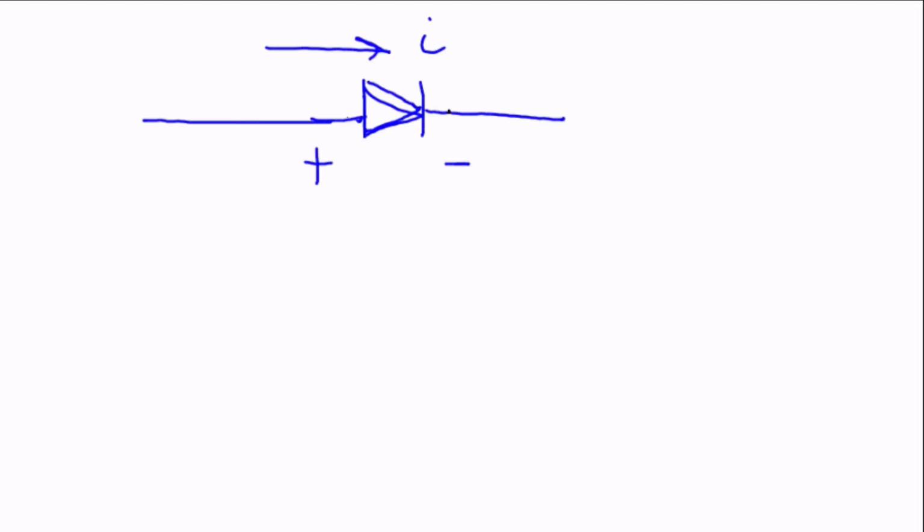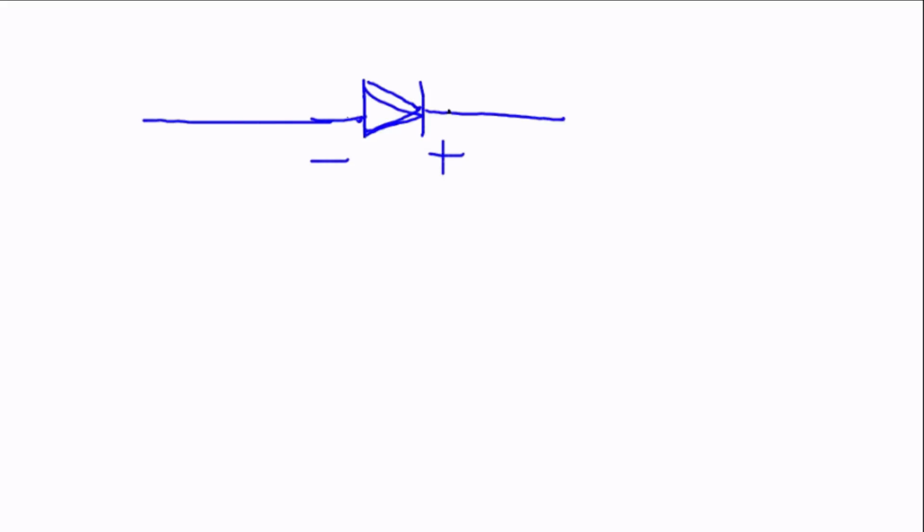Now we can also introduce a reverse bias. And a reverse bias means that we're switching these. Instead of a positive on the left side and a negative on the right, we're putting the negative terminal on the left side and the positive on the right. And then what happens is when the current tries to flow, it gets blocked.